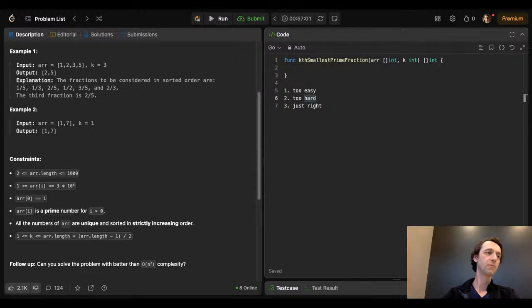Just building the muscle, yeah. If you're super confident, you want to feel challenged. But first of all, the problem here is we're not going to practice binary search with this approach.